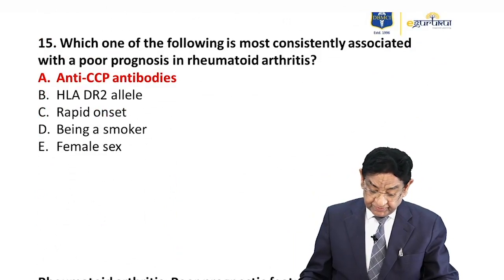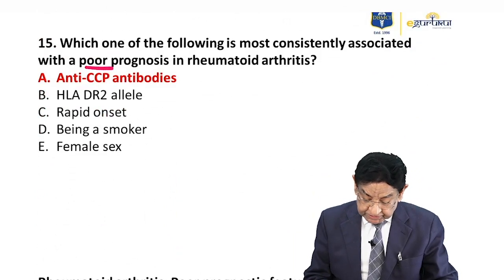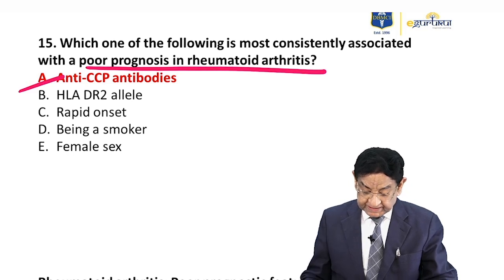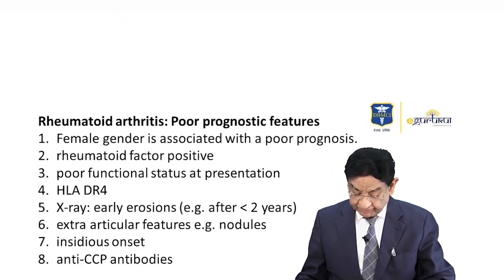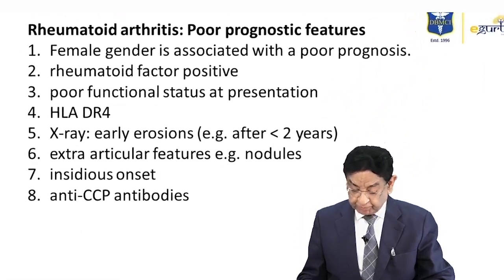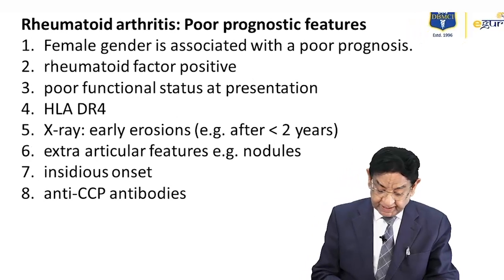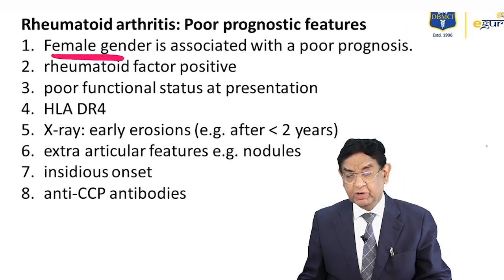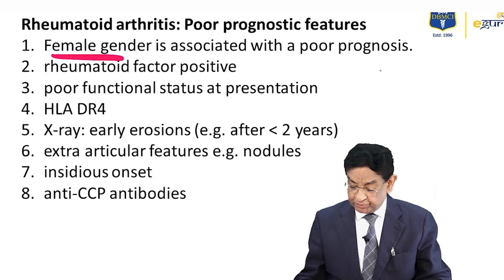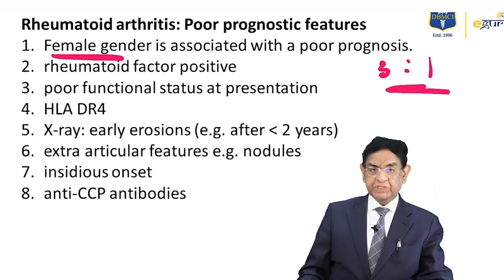Question 15. Is anti-CCP antibody a poor prognostic factor? Let's look into what the poor prognostic factors are. Females have a worse prognosis as compared to males. I told you the male-female ratio, the female to male ratio is 3:1.